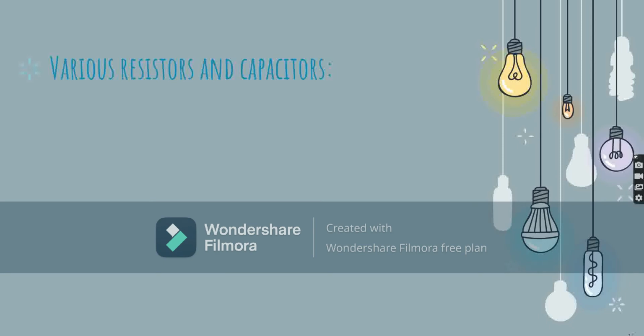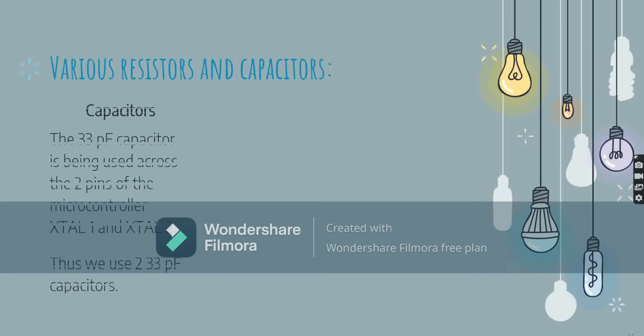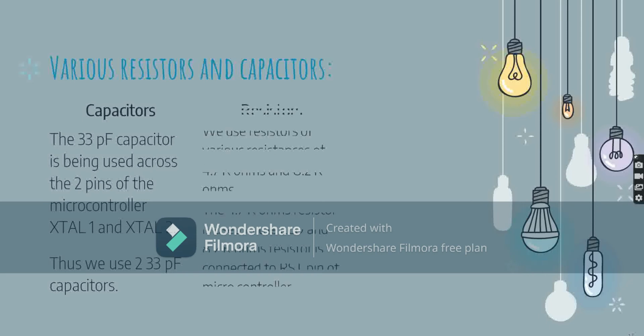Other than this, we also use resistors and capacitors. We use a 33 picofarad capacitor across the 2 pins of the microcontroller, XTAL1 and XTAL2. Thus we use two 33 picofarad capacitors. We also use resistors of 4.7 kiloohms and 8.2 kiloohms.